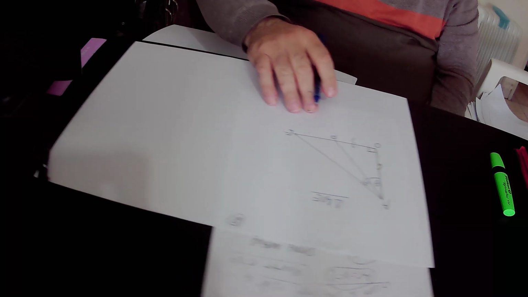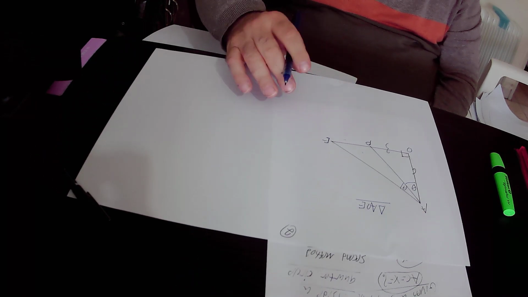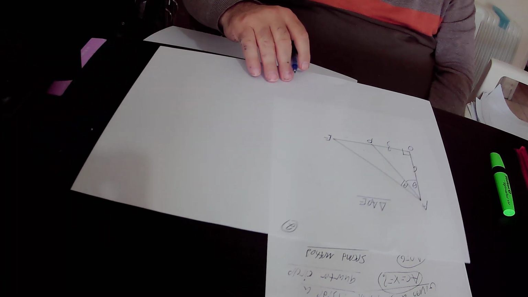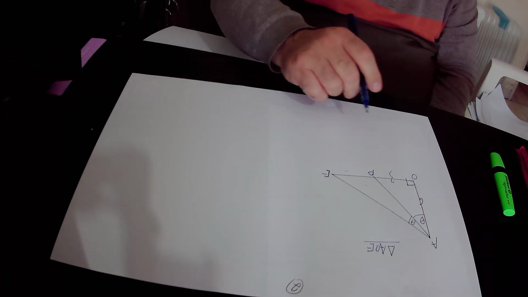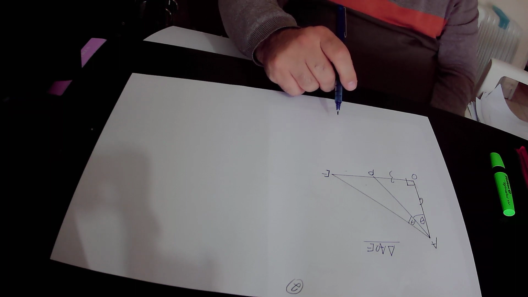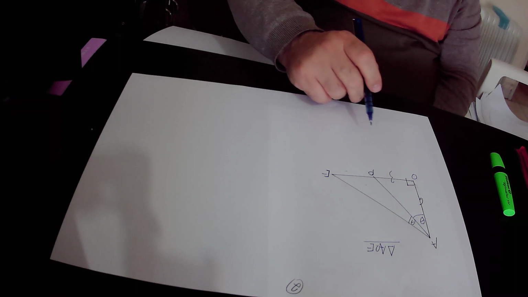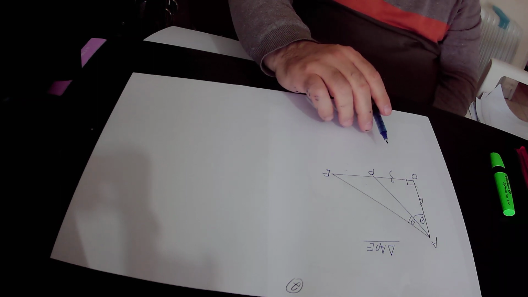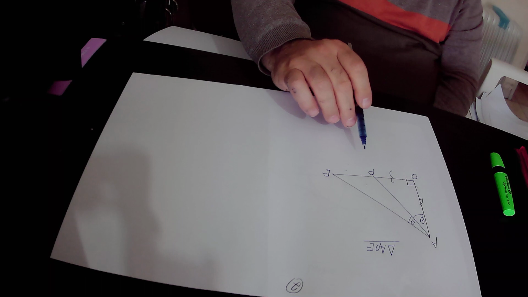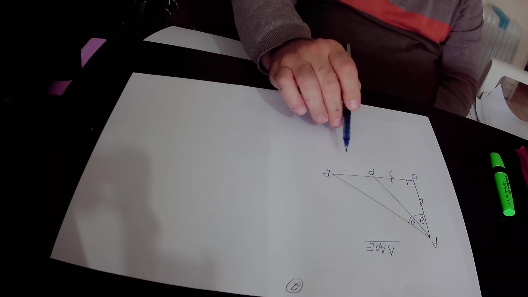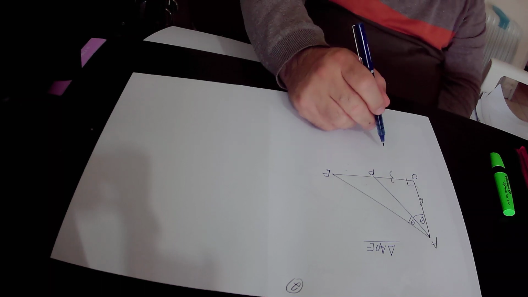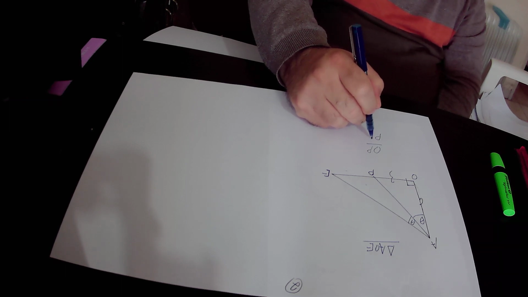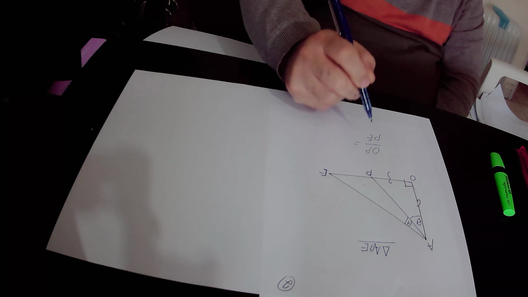We will implement the angle bisector theorem in this right triangle, triangle AOE. According to the angle bisector theorem, the angle bisector AP divides the side that it hits, side OE, into two parts. The first part is OP, and the second part is PE. The ratio between those two parts is OP over PE, and that ratio equals the ratio between the angle's legs.